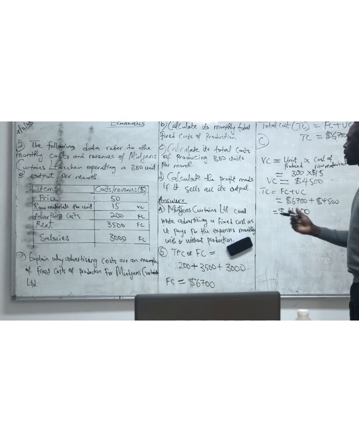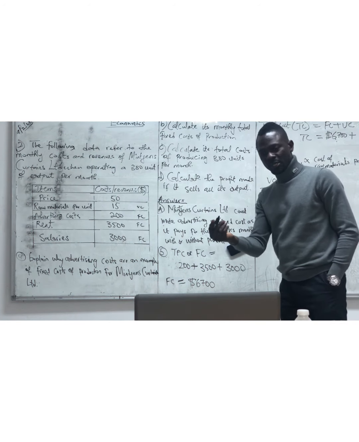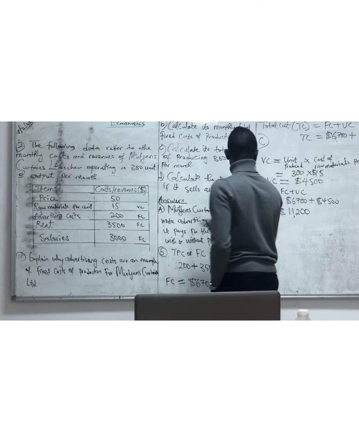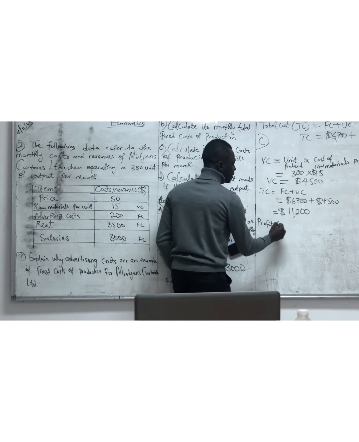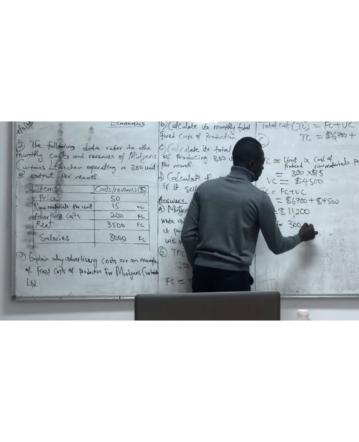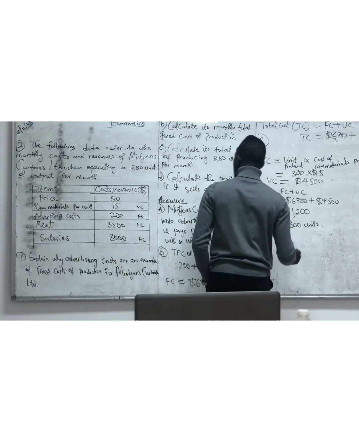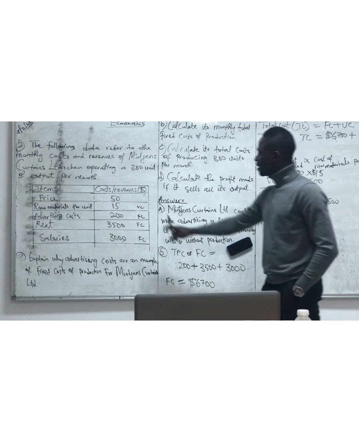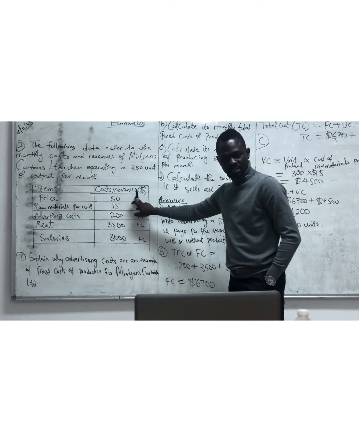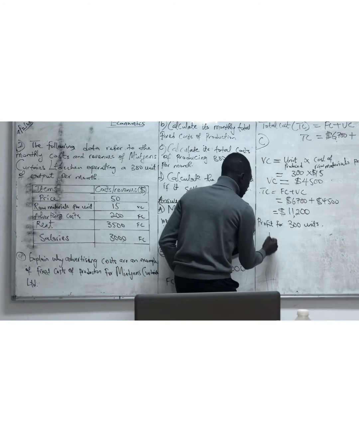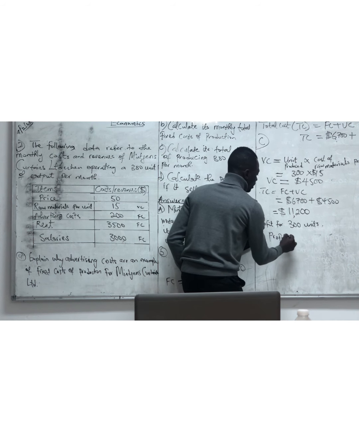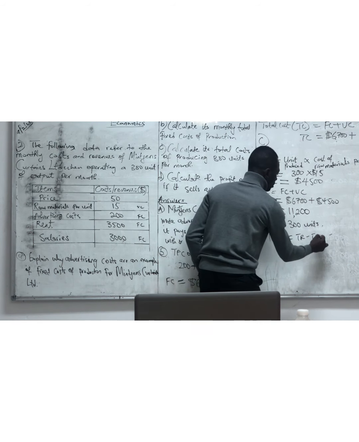Yes. So we might be told to find the profit made for 300 units. So profit for 300 units will be, what's the price? $50 per unit. Are you with me? Alright. So the profit is total revenue minus total cost, right?